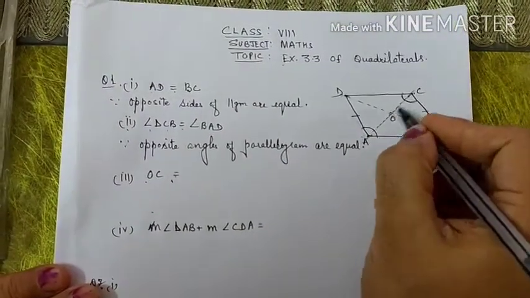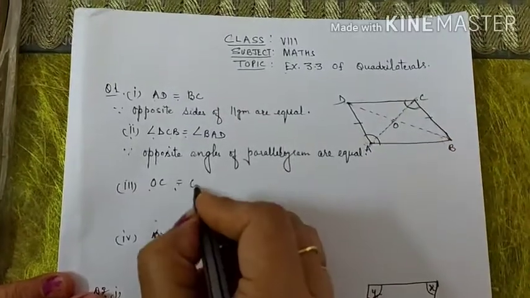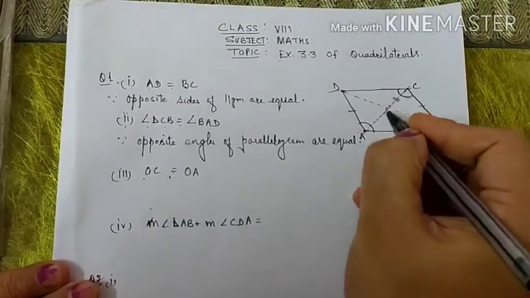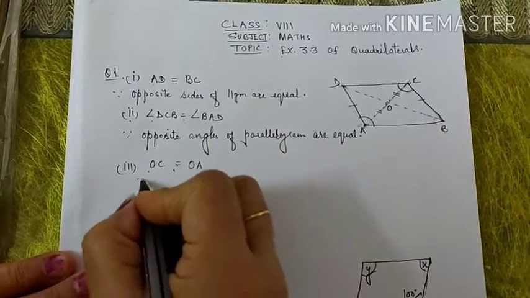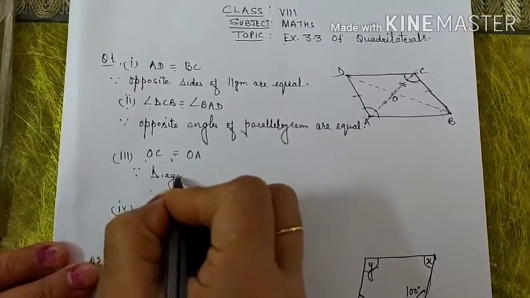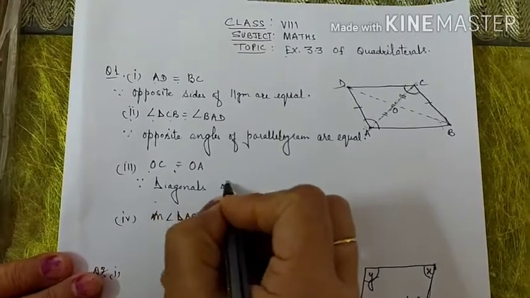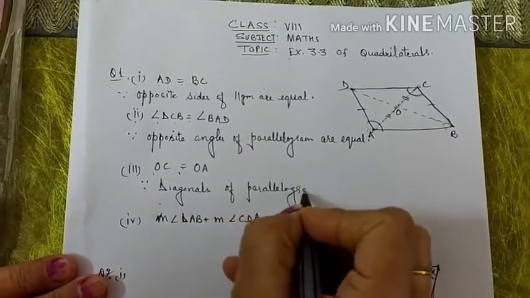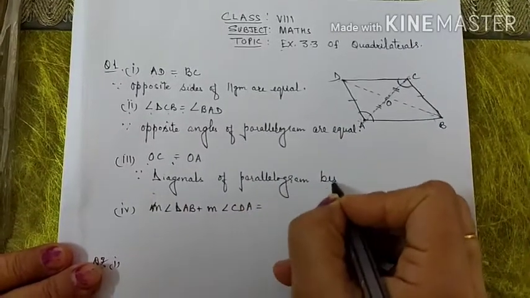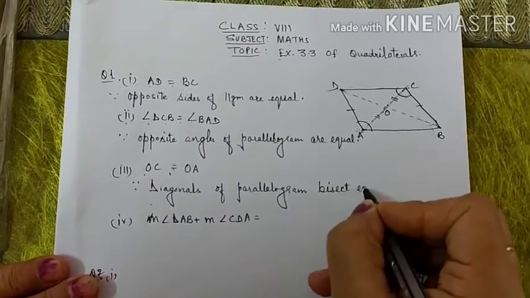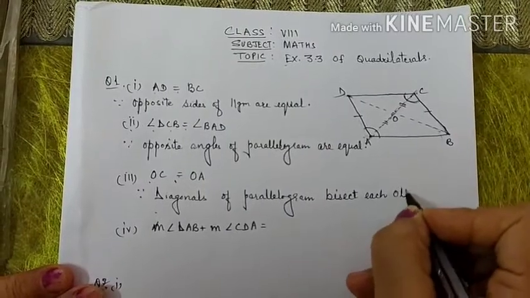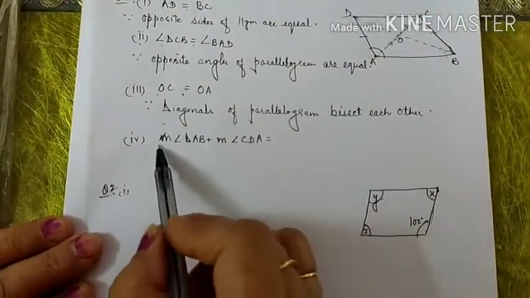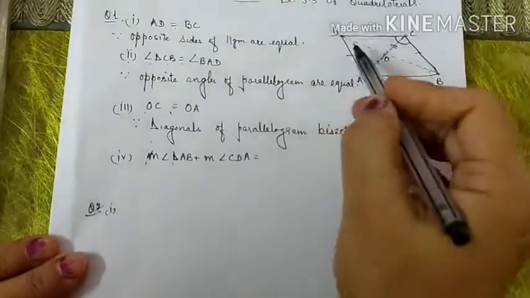So OC will be equal to OA because the diagonals of a parallelogram bisect each other. Next, measure of angle DAB plus CDA.